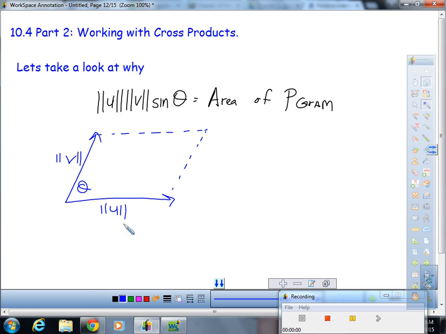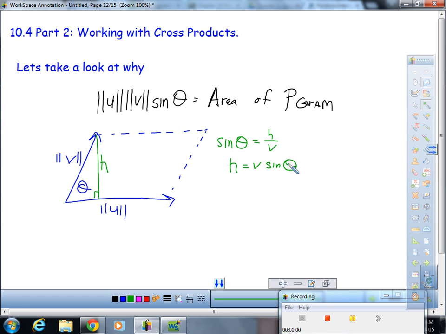Okay? So just from trig, we know that in order to find the height of this parallelogram, we would say sine of theta is h over v. So h is equal to v sine theta.